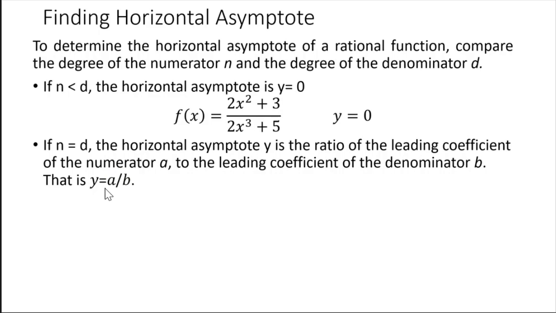For example, if we have the function (6x squared plus 4) over (2x squared plus 6), both the numerator and denominator are second degree, so they are the same.